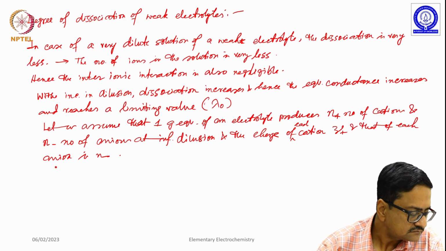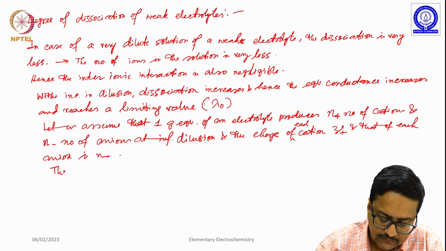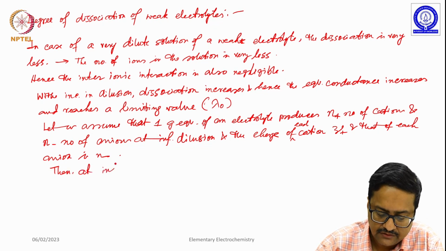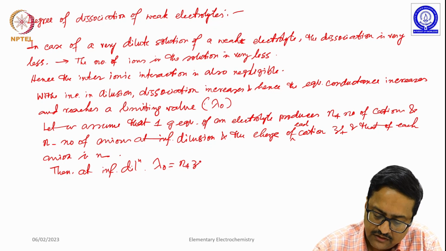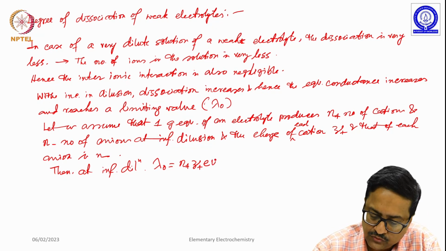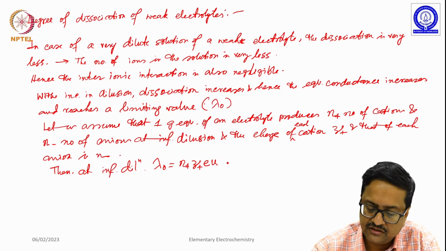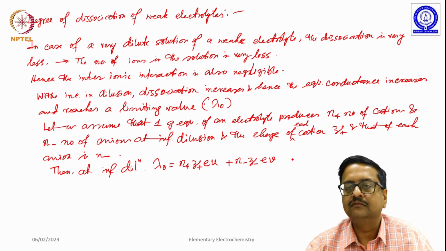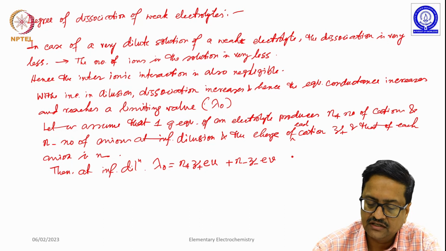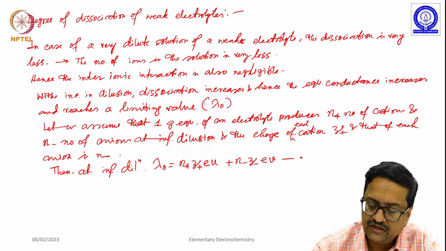So then at infinite dilution, lambda 0 is nothing but n plus z plus e u, where u is the speed of the cation, plus n minus z minus e v, where v is the velocity of the anion. We write this equation as number 1.